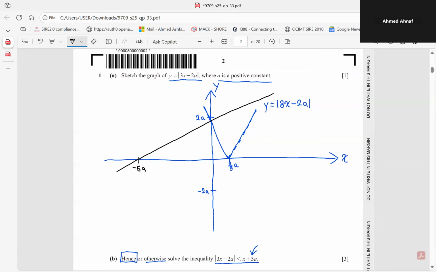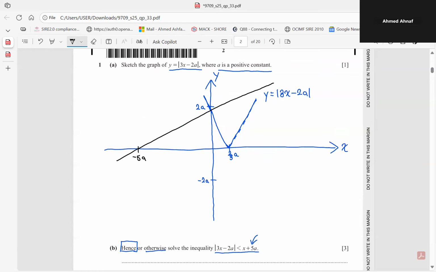The reason I didn't pass it through there is because then it might not intersect with the graph right here. As you can see, if we extend this graph a bit more, there are two intersection points. These are the two intersection points that we have to find.